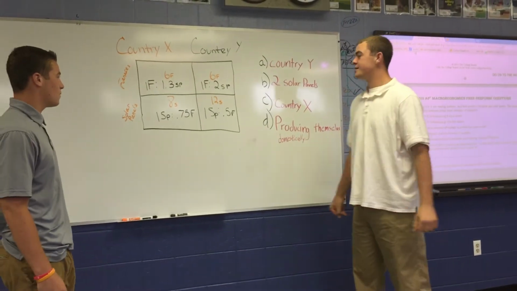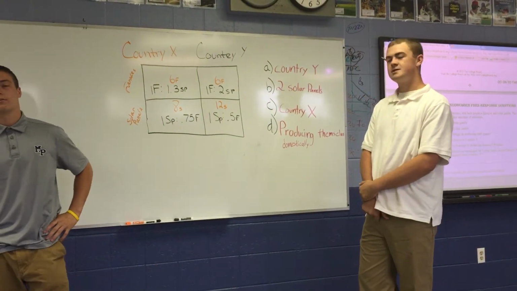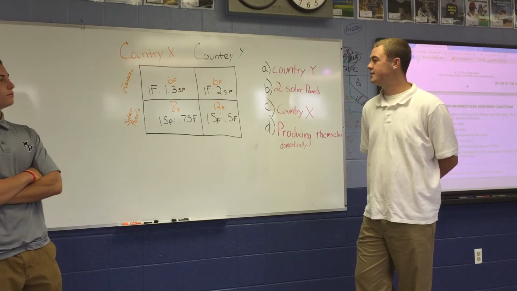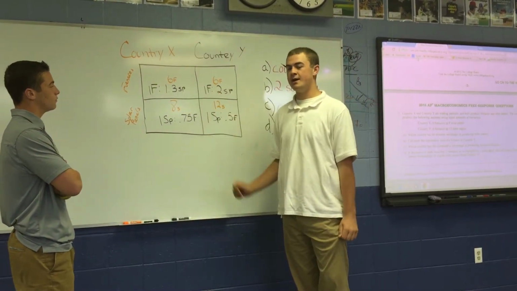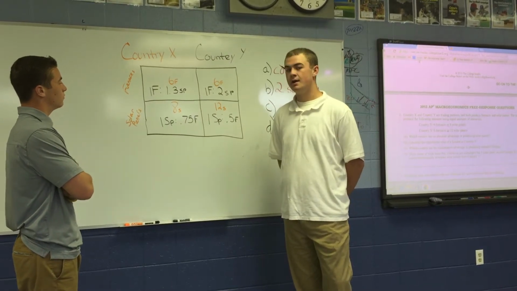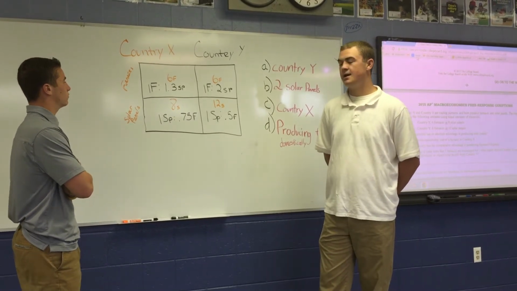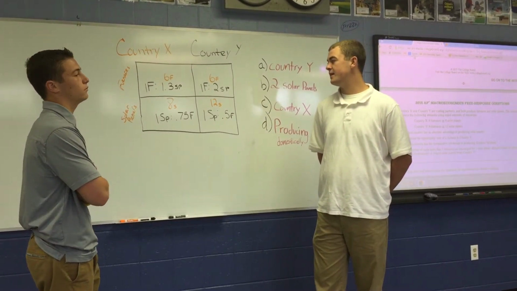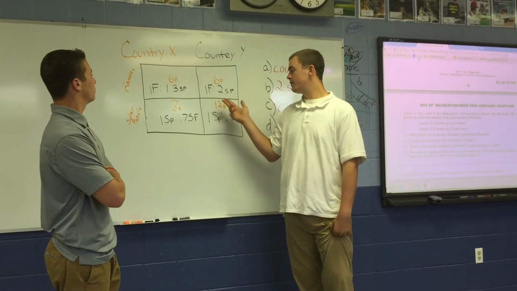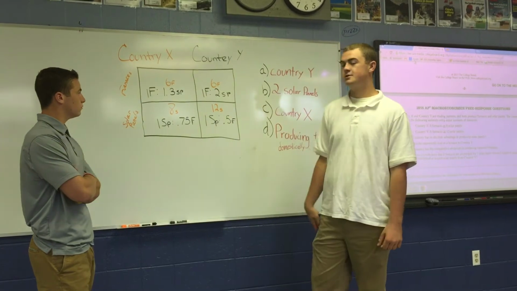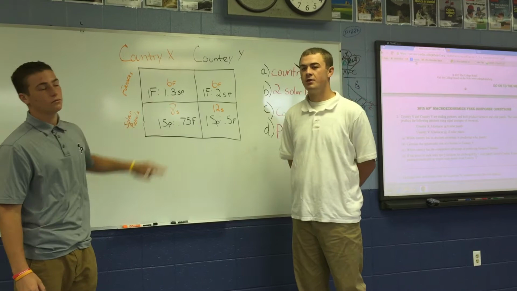Country X has the comparative advantage in producing furnaces, and this one is a little bit more complicated compared to the other two, because initially you see country X and Y each have the capability of producing an even 6 furnaces, but X actually has the comparative advantage because of the lower opportunity cost. The opportunity cost of country Y for 1 furnace, which we just saw, is 2 full solar panels, compared to country X's opportunity cost, which is 1 1/3 solar panels.